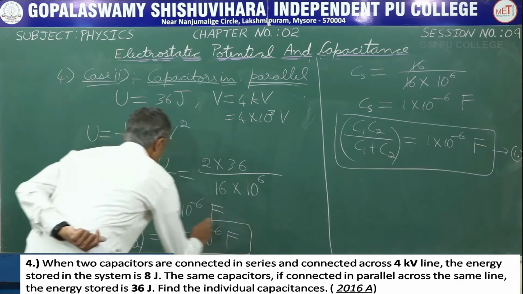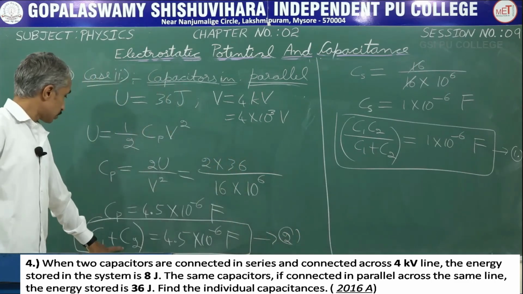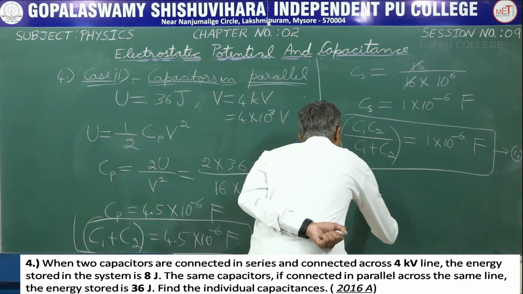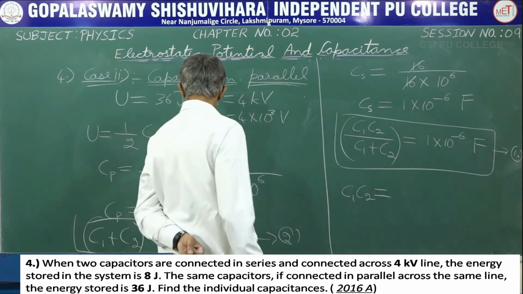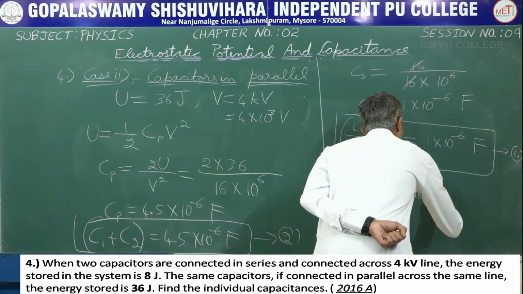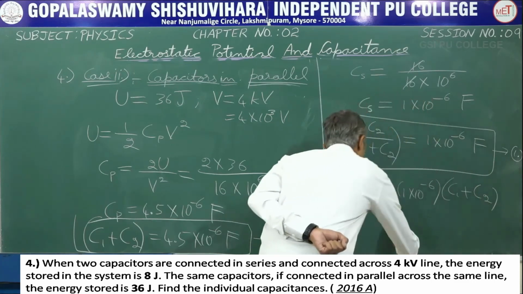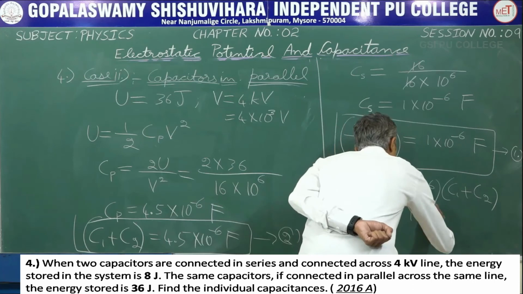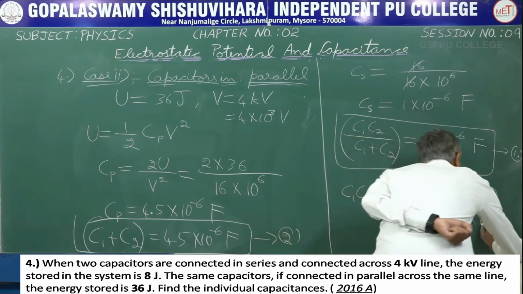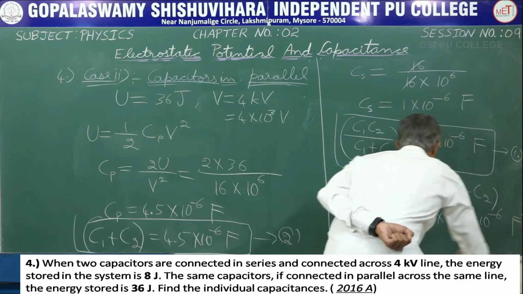So this is equation 2. Now make use of this equation in equation 1. So we will get this as C1 into C2 is going to be 1 into 10 to the power of minus 6 into C1 plus C2, which is 10 to the power of minus 6 into 4.5 into 10 to the power of minus 6 farad square.